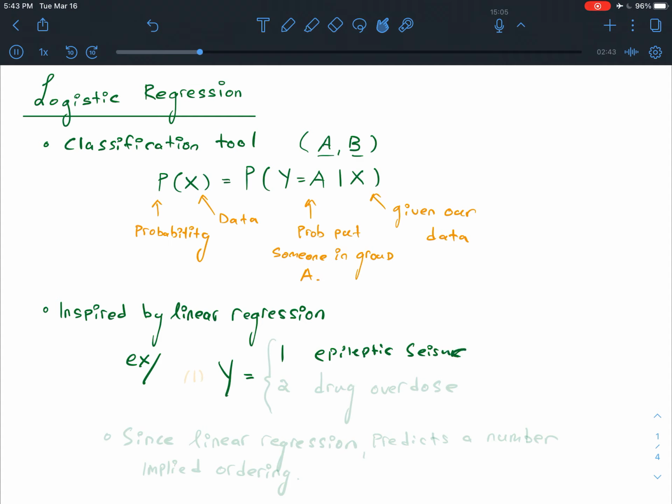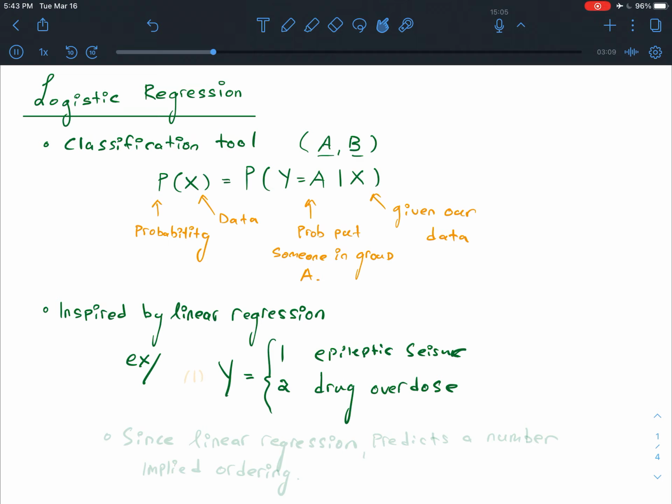You're in the hospital and you want to know if someone's having a seizure or not, so you assign that to 1. And let's say it's 2 if you're having a drug overdose. Distinguishing between both of these is very important. And so let's say your first instinct was to use a linear regression to classify people into group 1 or group 2. There's a couple issues here.